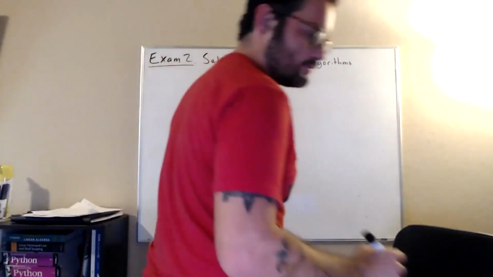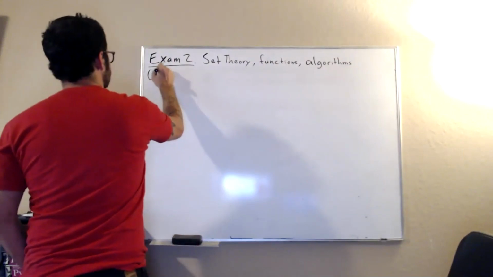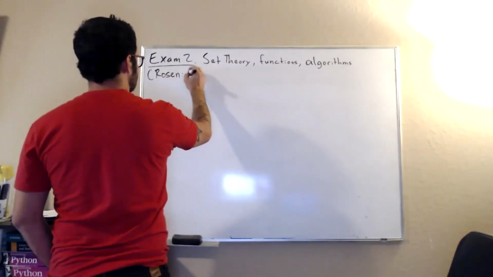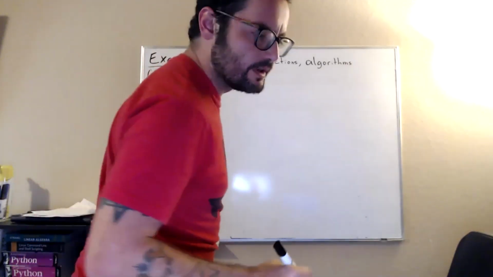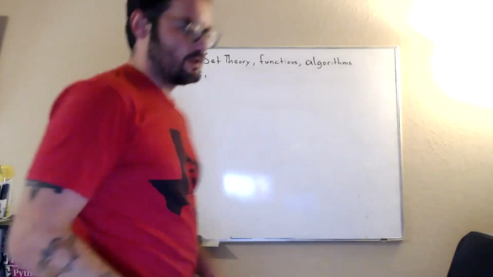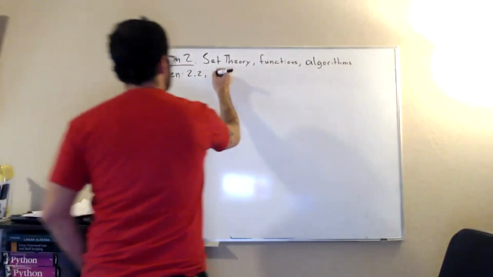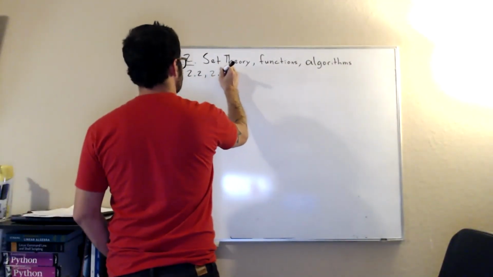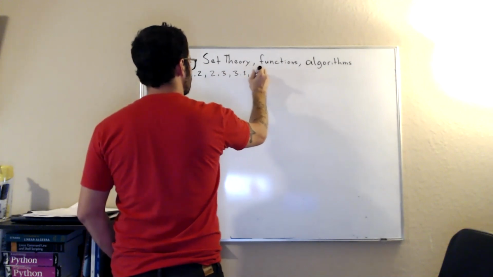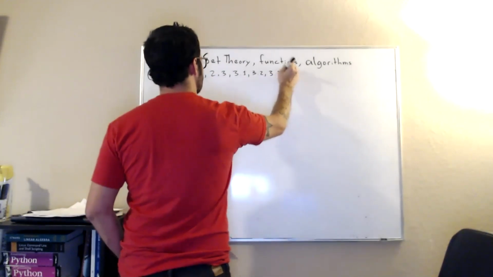Okay, so from Rosen, this would be sections 2.3, and then 3.1, 3.2, and 3.3.